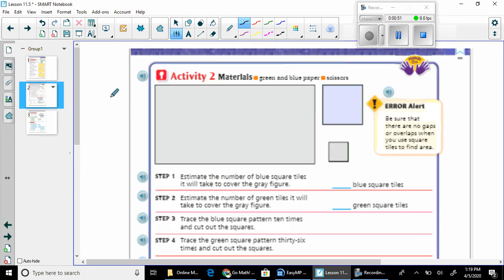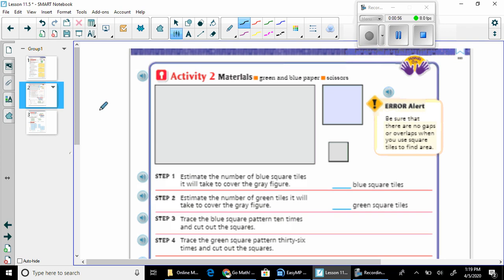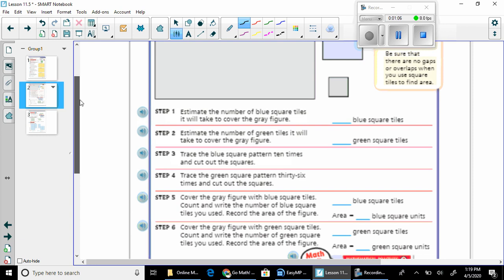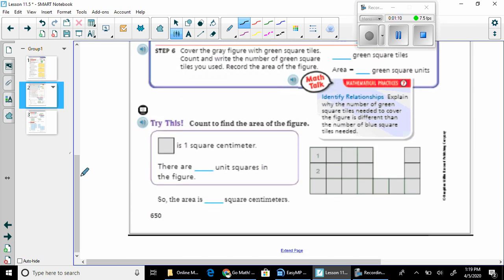All right, so same thing for activity 2. If we would have been in the classroom, we would have used tiles, and we would have filled in our shape and counted how many square tiles we would have used, okay? All right, so down below here, they have the figure drawn for us, and they have the tiles drawn for us.